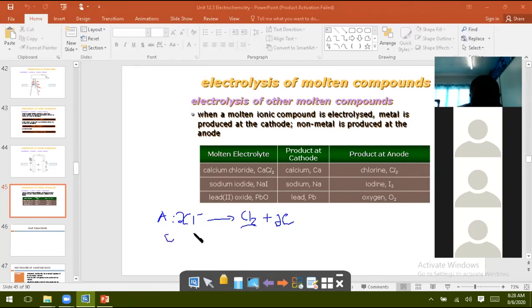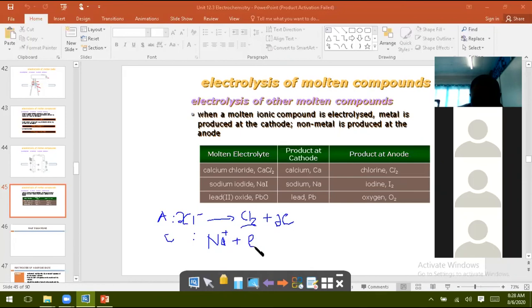At the cathode, we will have the Na+ ion. So you can see that the half equations are starting with the ions, and at the cathode there will be reduction.